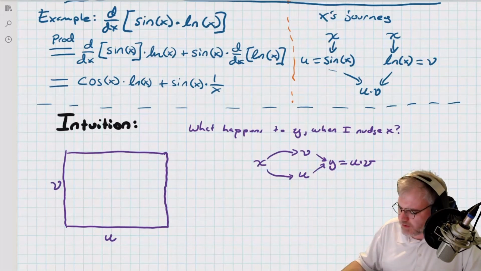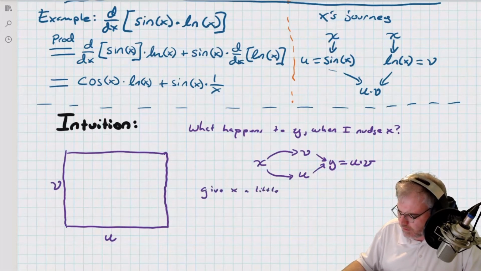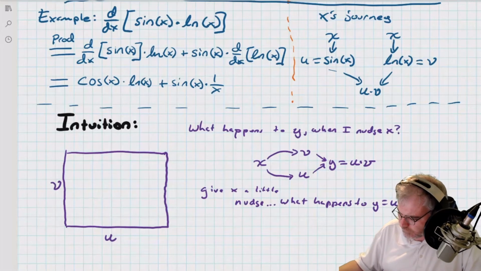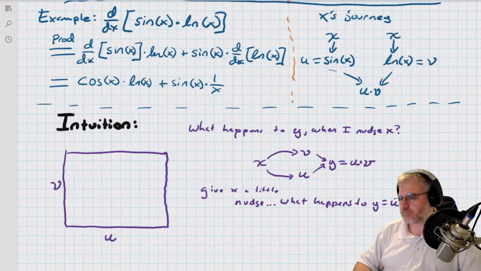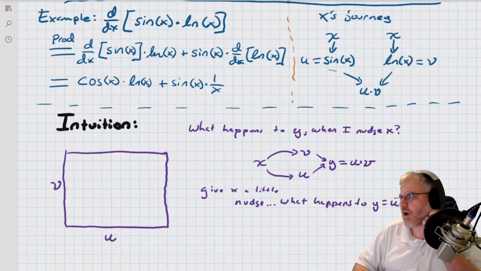And my question is, so give x a little nudge, what happens to y equals u times v?